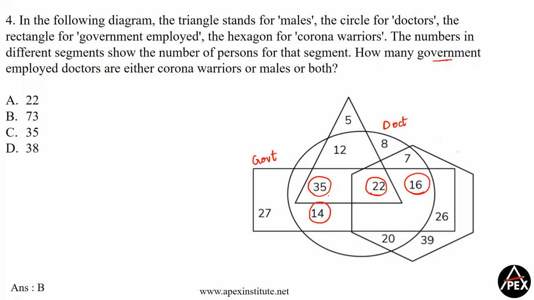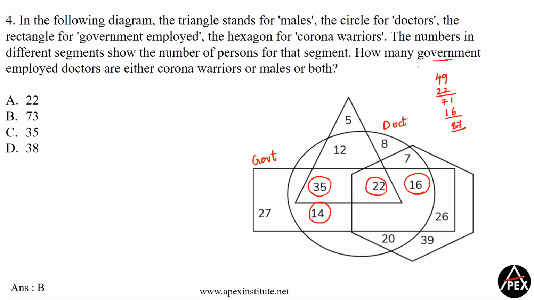So 35 plus 14 is 49, 49 plus 22 is 71, and 71 plus 16 is 87. So these 87 are government employed doctors.